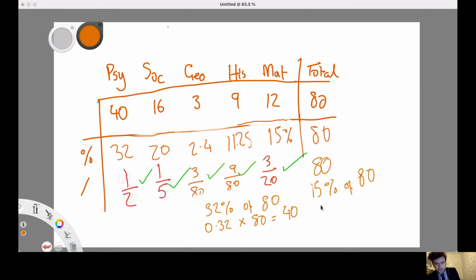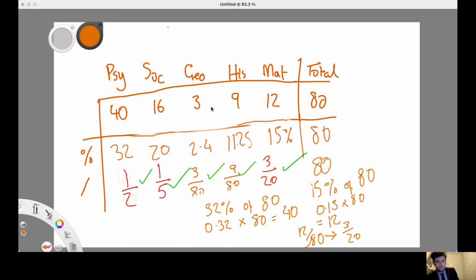Well, we divide this side by 100 to get our decimal form, times it by that. That should give you your total number of participants who chose maths, and then you just convert it back into a fraction by just popping it over the total, and then you simplify this down as we did before to 3/20.